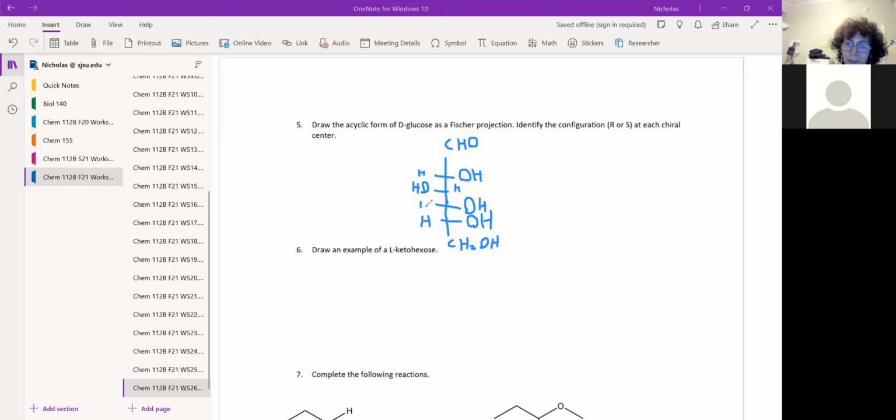And if you're struggling to rationalize how to memorize this, that's what I would suggest. Just focus on the fact that it's an aldehyde and the orientation of the alcohols.